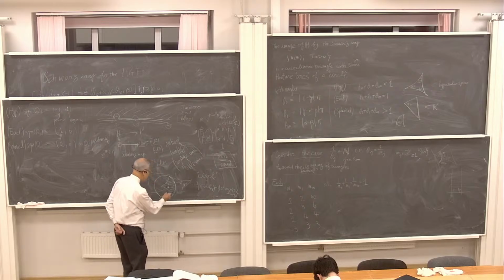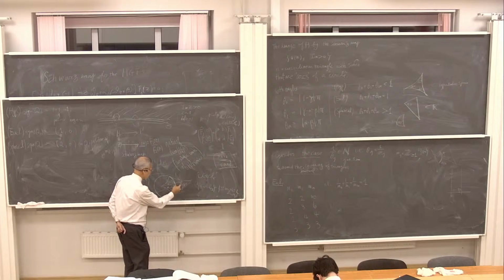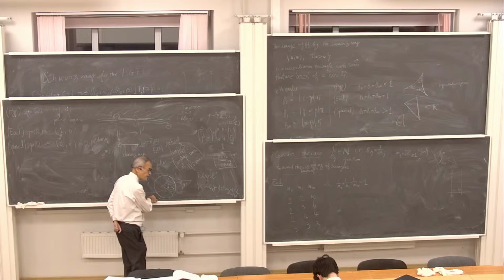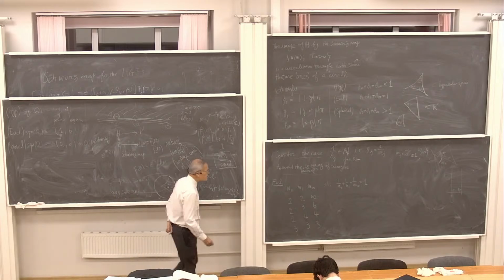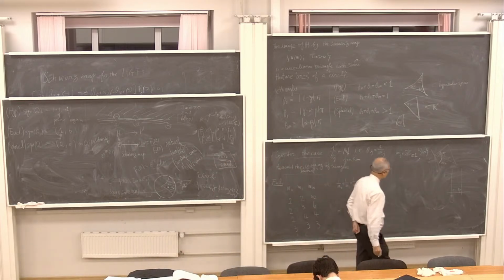The essential point is to get the image of the upper half plane. The image of the lower half plane can be obtained almost immediately as a complex conjugate with respect to this.